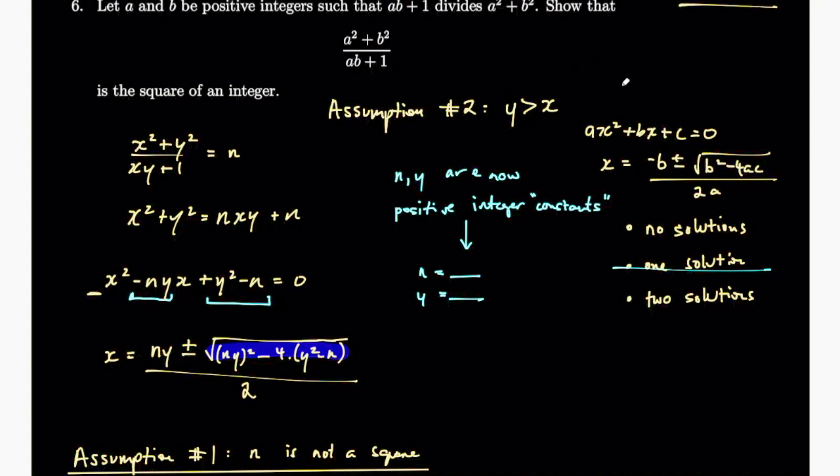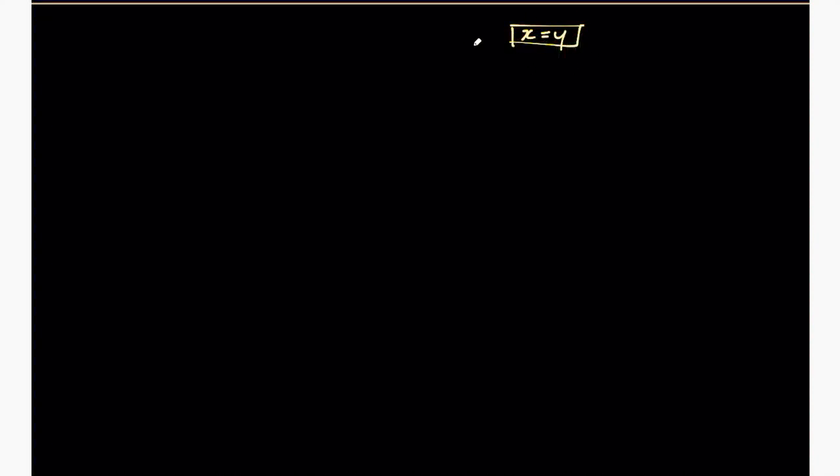So this is a special case where x equals y. So let's assume that x equals y, and you can show that the solutions must be 1.